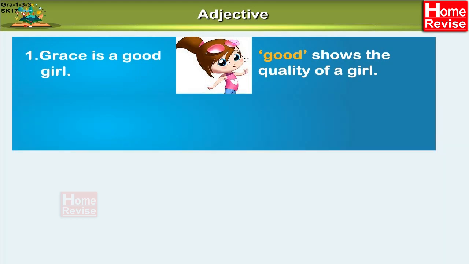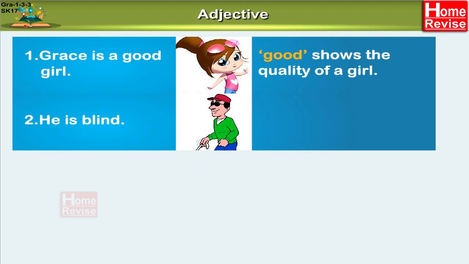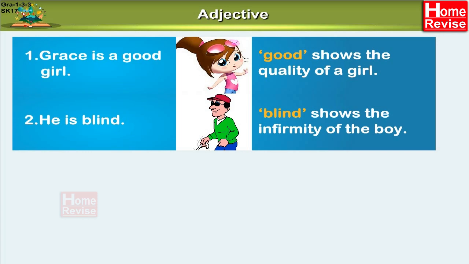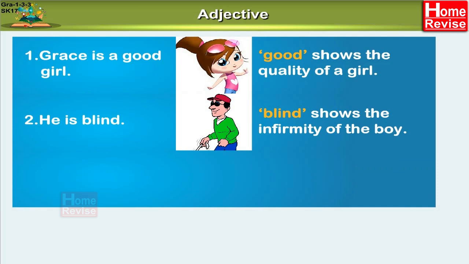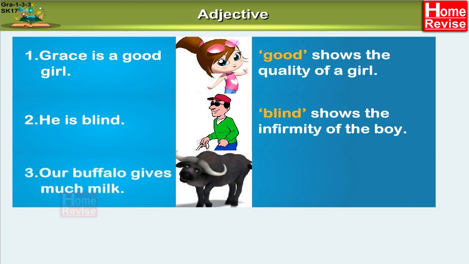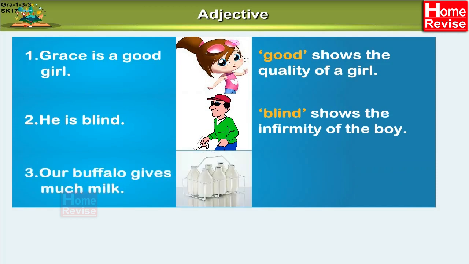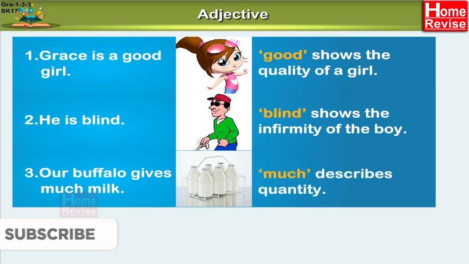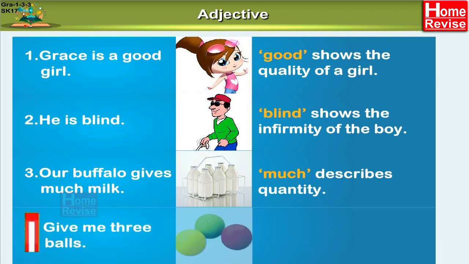Another sentence. He is blind. In this sentence, blind shows the infirmity of the boy. Third sentence. Our buffalo gives much milk. In this sentence, much describes quantity. Fourth sentence.